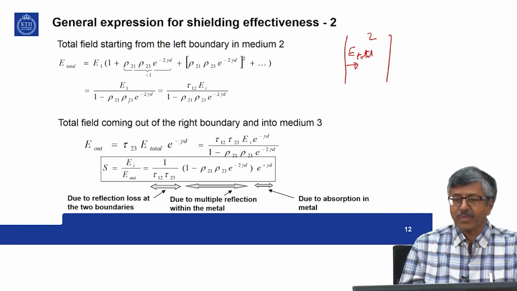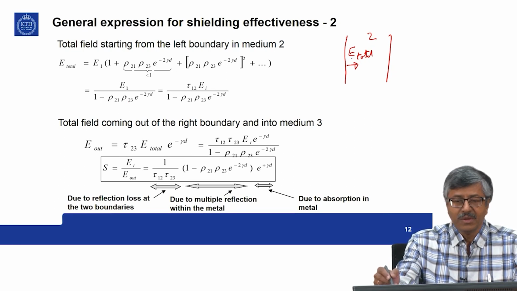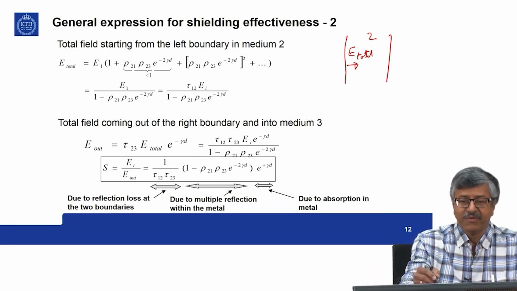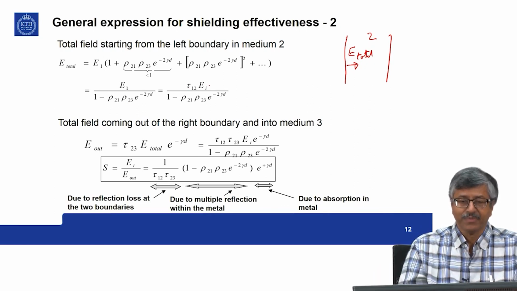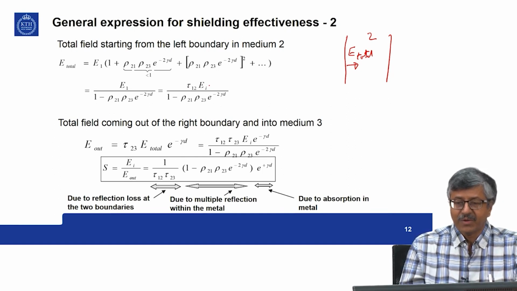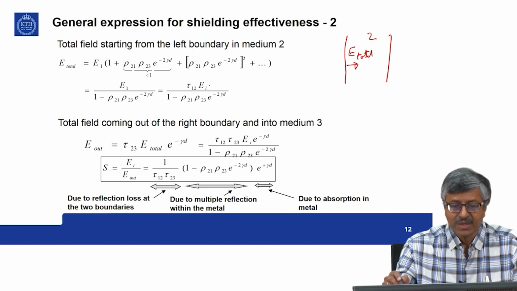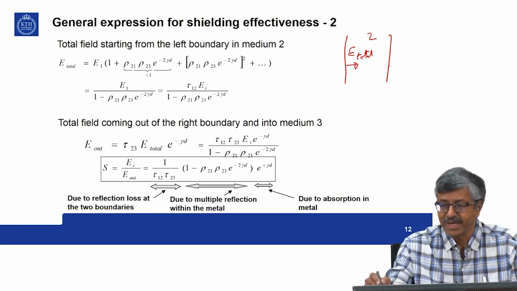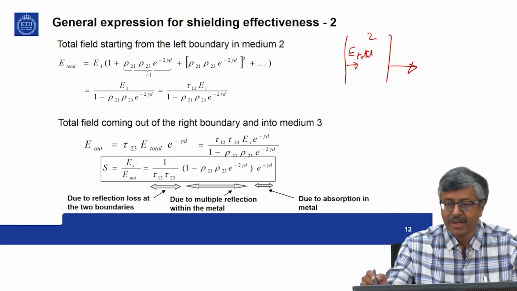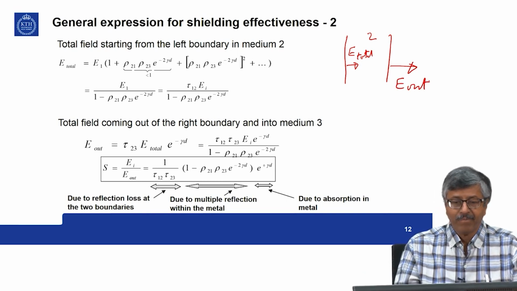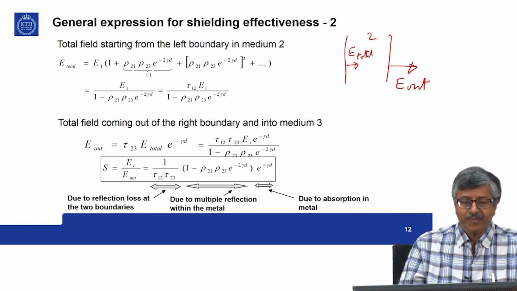Now, E1 we have seen before is nothing but tau 12 times E_I, the incident wave. Then the total field coming out of the right boundary into medium 3, E out, will be as follows.